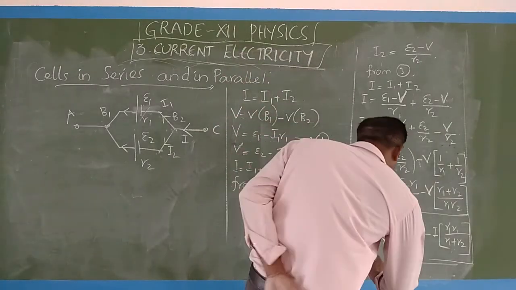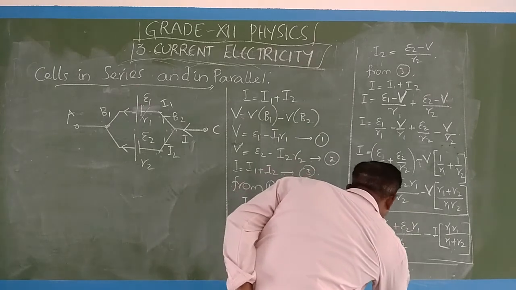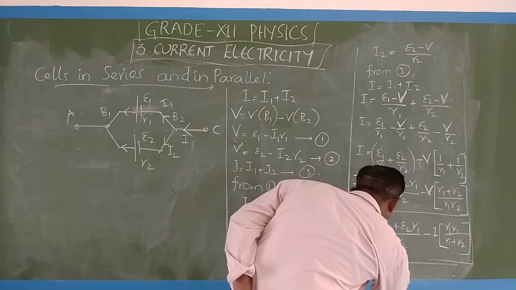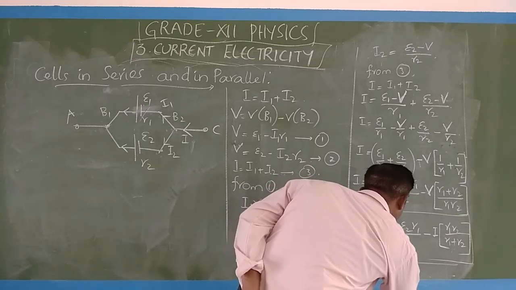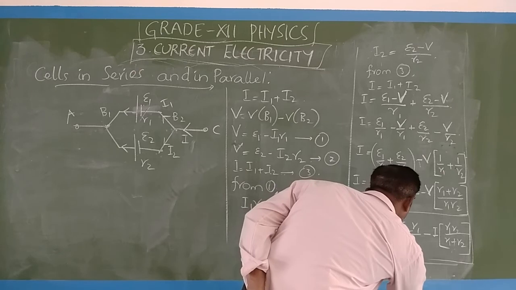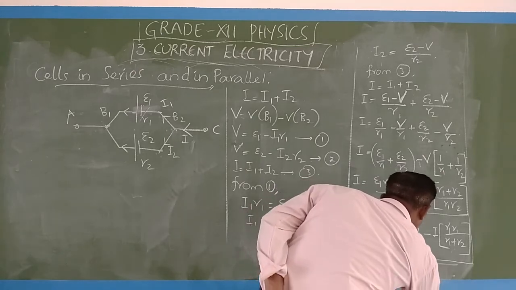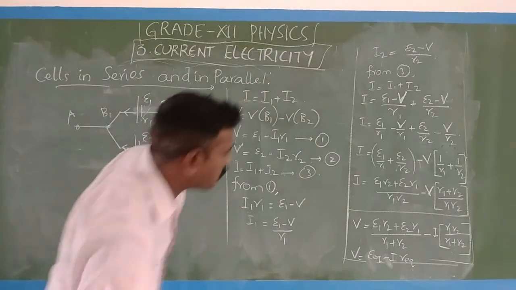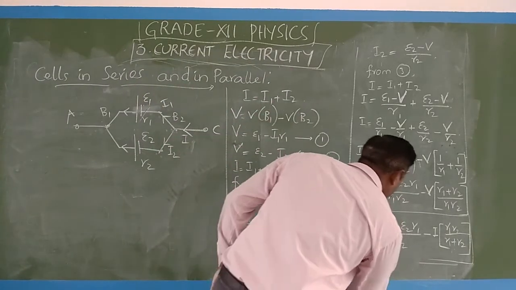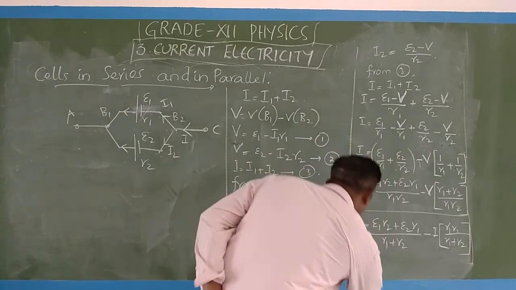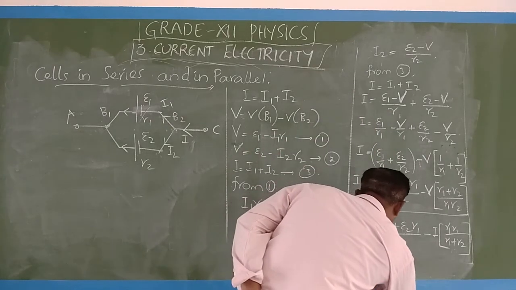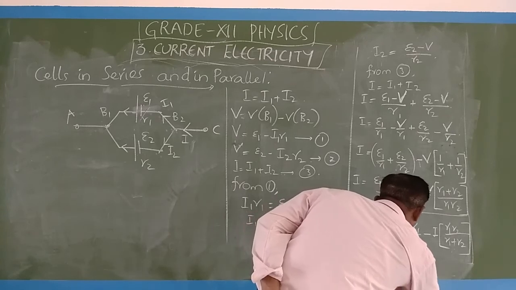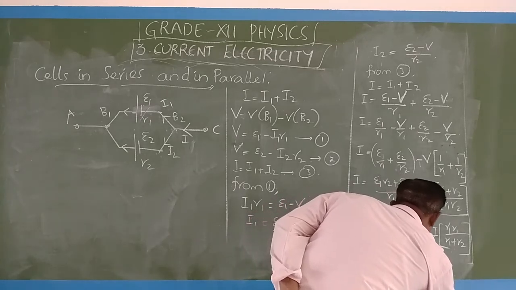So this gives V is E equivalent plus or minus I into R equivalent. Now I will write it clearly. The voltage is E equivalent minus I into R equivalent.